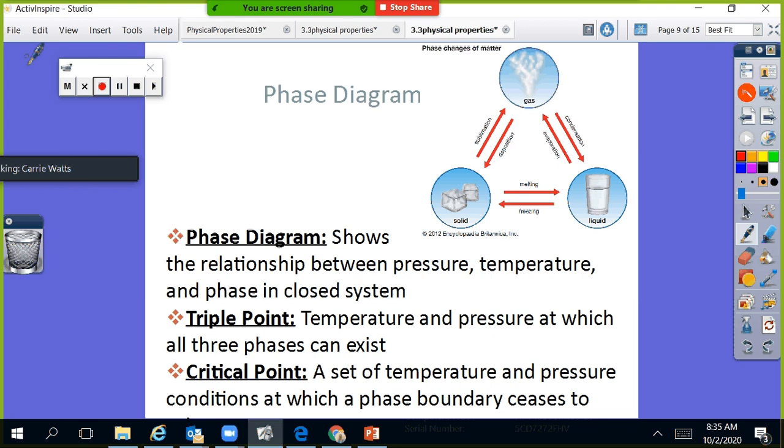A couple of points on the phase diagram: the triple point is the temperature and pressure where all three phases, solid, liquid, and gas, exist at once. The critical point is the set of temperature and pressure conditions where phase boundaries cease to exist. It's a point above which the liquid and gas phases are blended. The compound has properties of both a liquid and a gas.